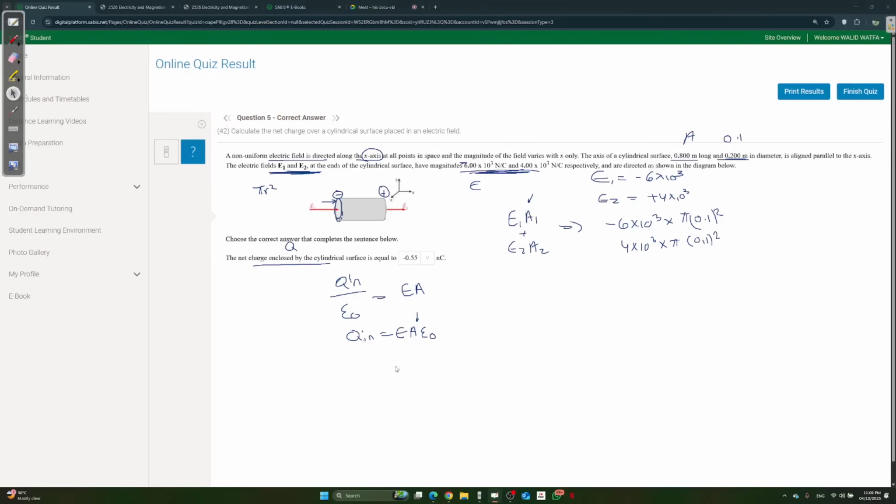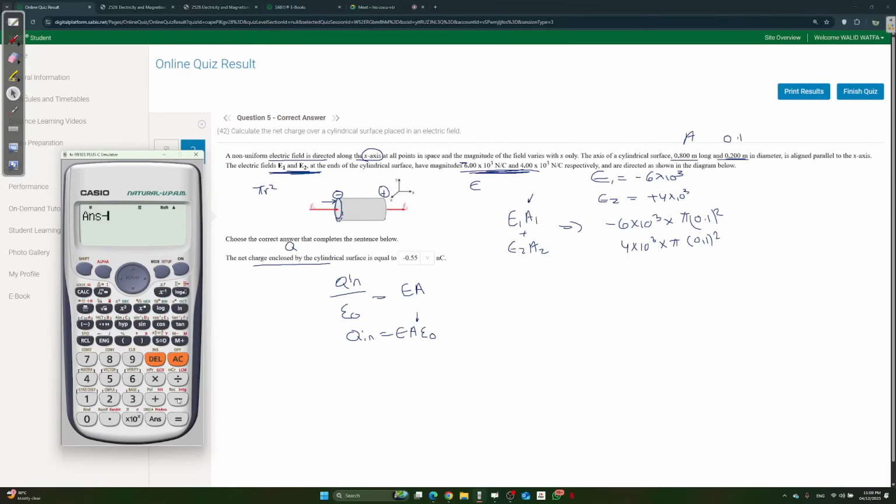Let's add these together. You get negative 20 pi. So Q enclosed will be negative 20 pi times 8.85 times 10 to the negative 12.